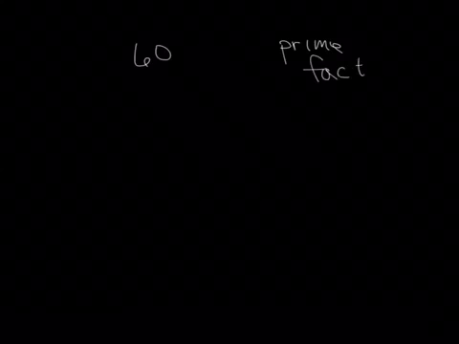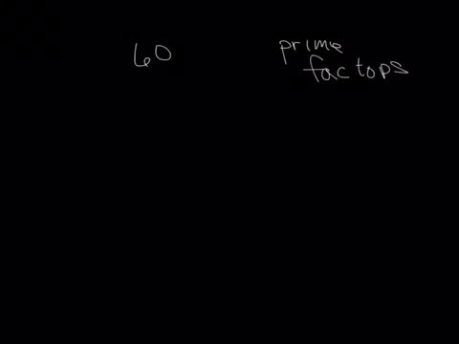Now, it might have been a long time ago, but at one point you learned a factor tree. So if you have a number there, and you are looking for what are called the prime factors, what that means is we're looking for all of the factors, or all the numbers that go into 60 evenly, but are prime numbers. So this is what we do.